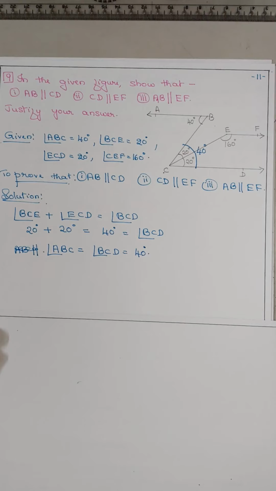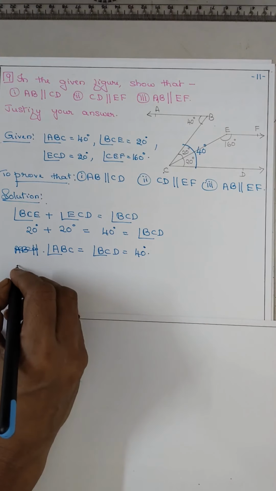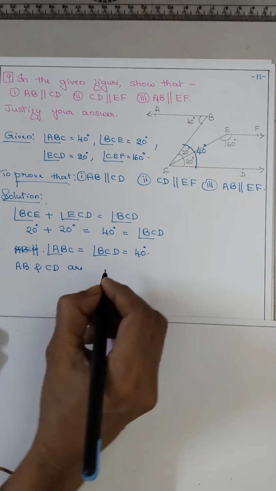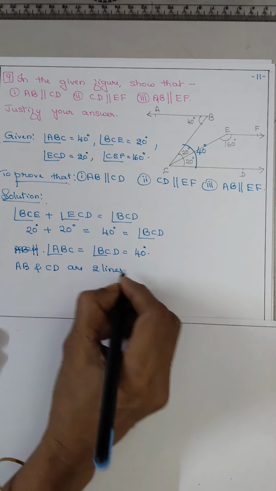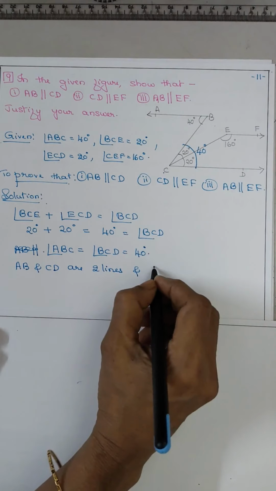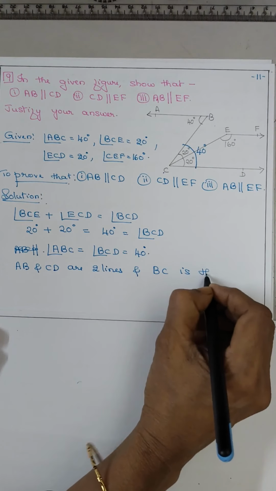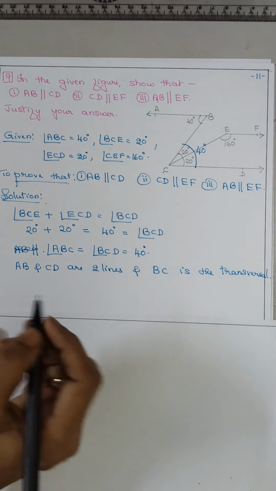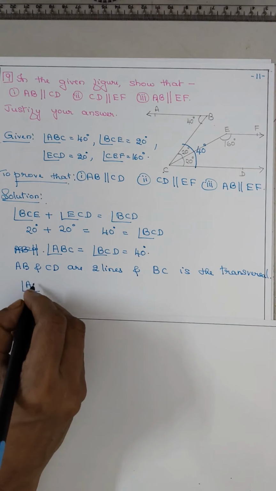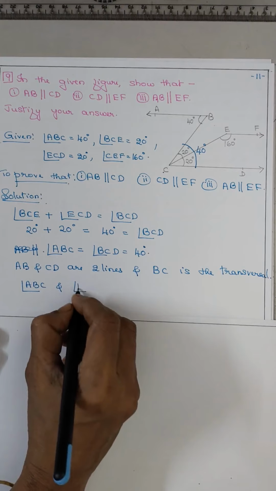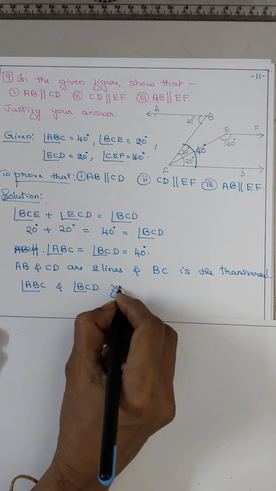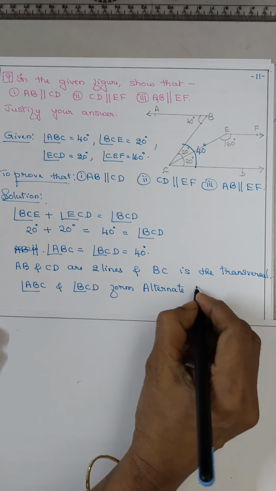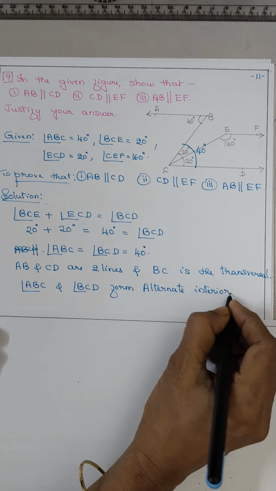But if we take AB and CD as our two lines and BC is the transversal, angle ABC and angle BCD form alternate interior angles.